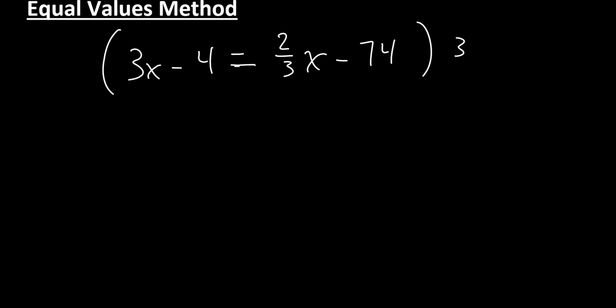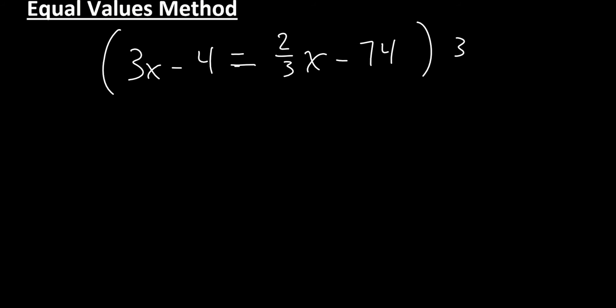The one side was 3x minus 4, one of the y's, and the other one was 2/3 x and then minus the number 74. And my favorite thing to do is always to just push through a factor of 3 to clear these fractions.